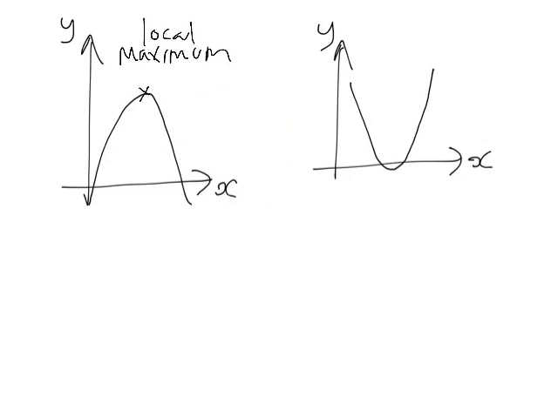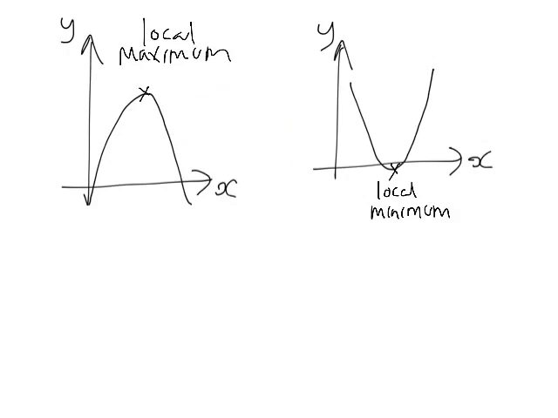For this function, it's actually the maximum value, but for a cubic function, we might have other values which are larger in other regions of the graph. And on this graph here, we have a minimum or a local minimum, because this is the minimum value of y for the given values of x.